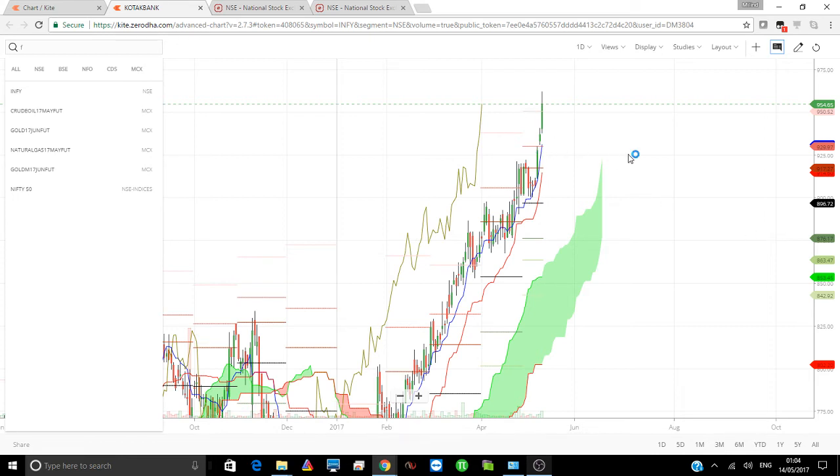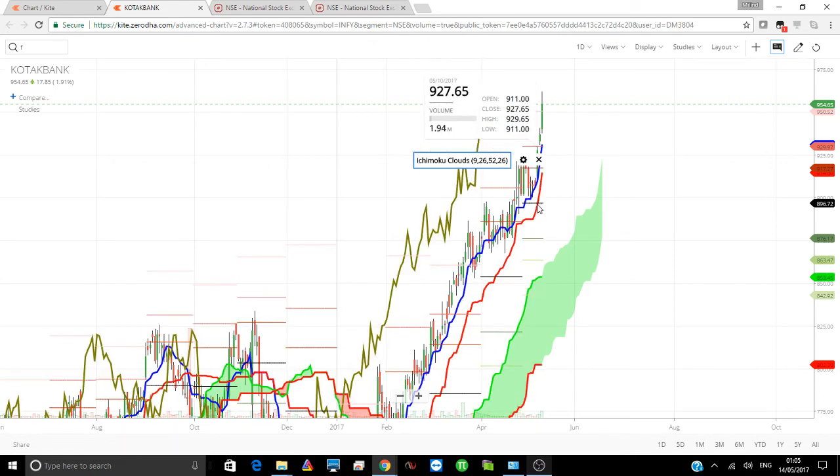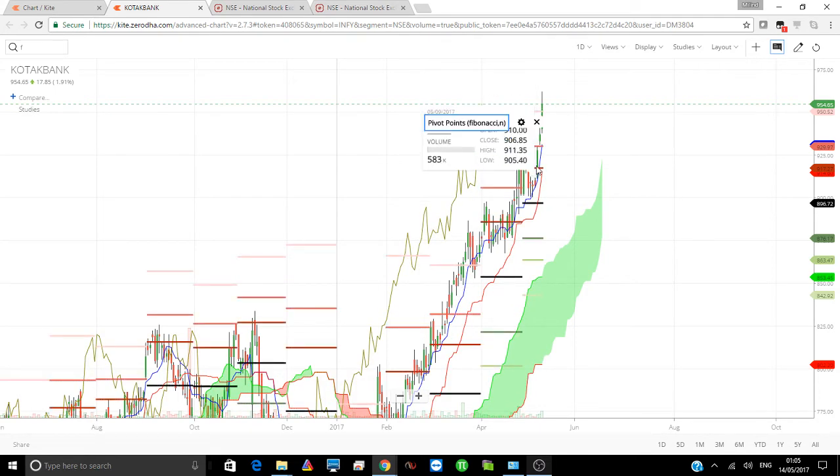See, if you really look at the dailies, the pivot line is usually a line which will be honored by the stock very, very well. It would not break the pivot line so easily. The pivot line here is about 900. The R1 line is about 920.